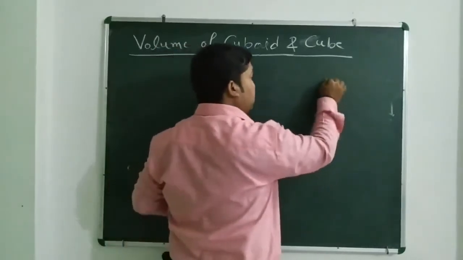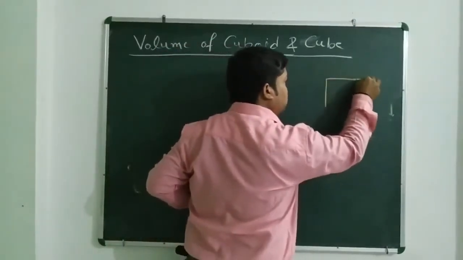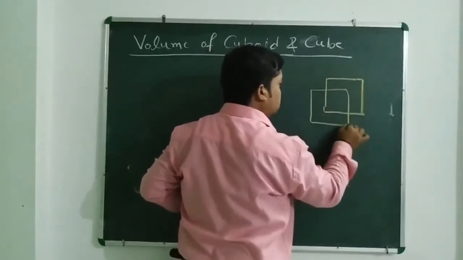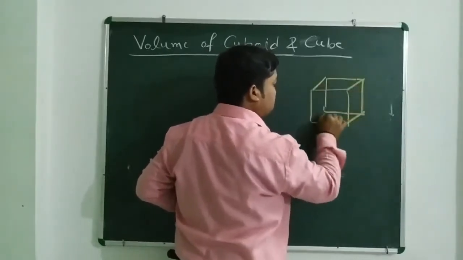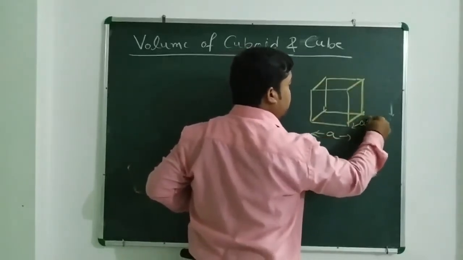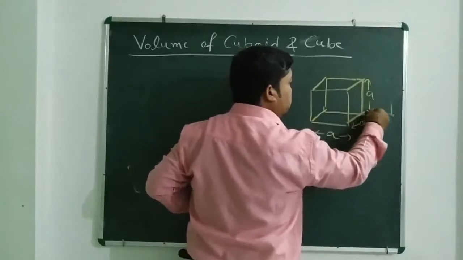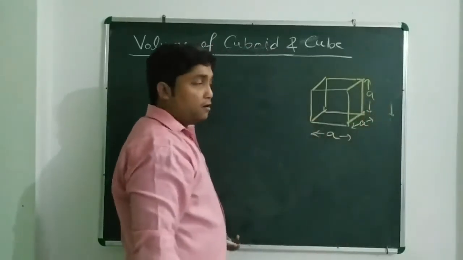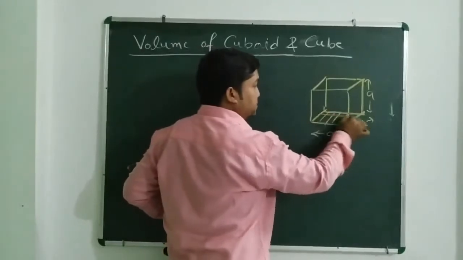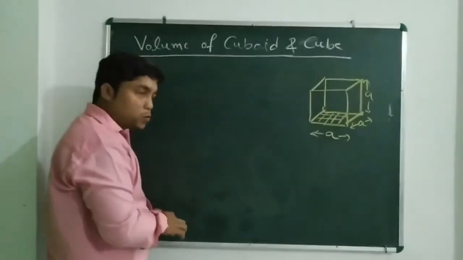For example, first we make a cube on the board like this. This side is A, this one is also A, and this one is also A, because in a cube all of the sides are equal, and the base is shaped like a square.